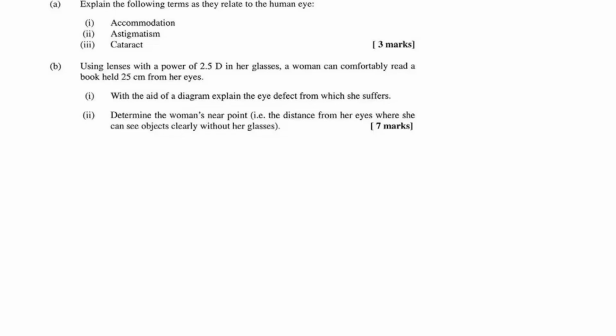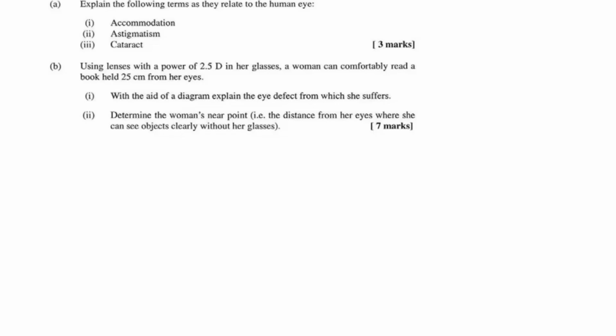So before that, she wasn't able to view things at 25 centimeters, which tells you that she cannot see near objects. So that would imply that she is farsighted. That means that she can see things that are further apart, or we can say she's long-sighted.